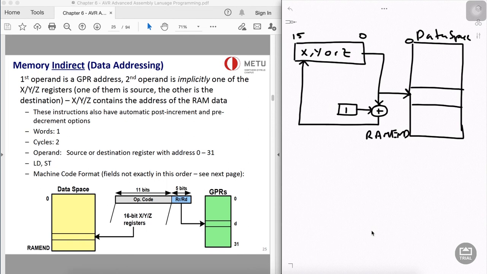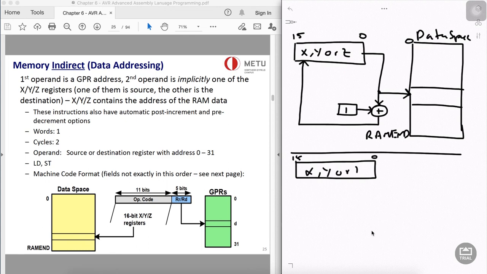So this is a post increment. We first provide the address to the data space, and then we increment Y. An alternative way of doing this is pre-decrement. It's similar. We first decrement the address, and then we provide it to the data space, X, Y, or Z again. So that's our data space.